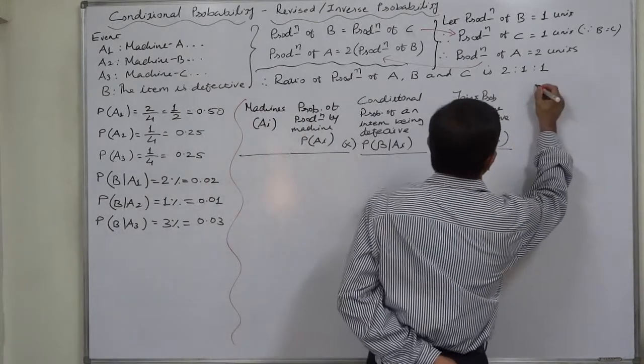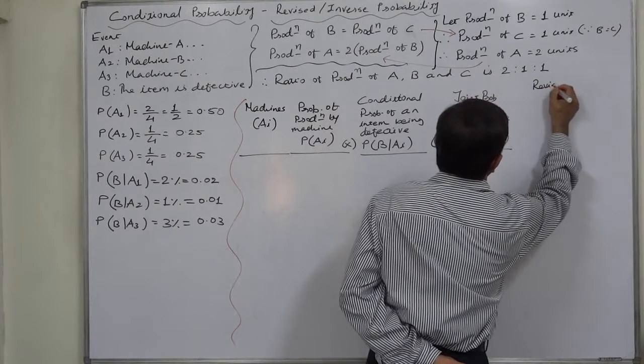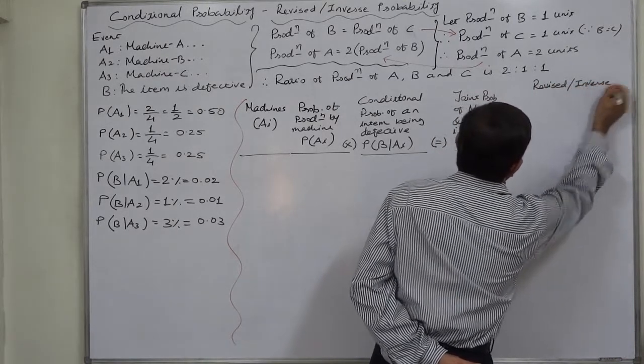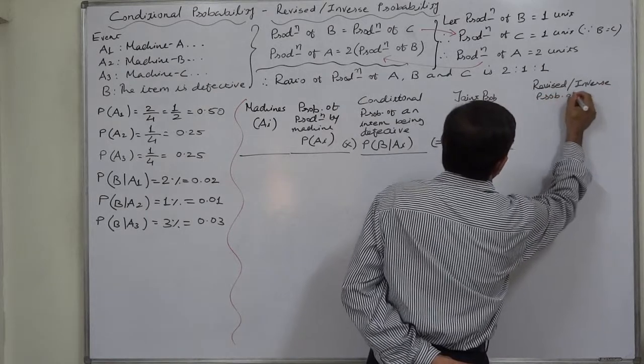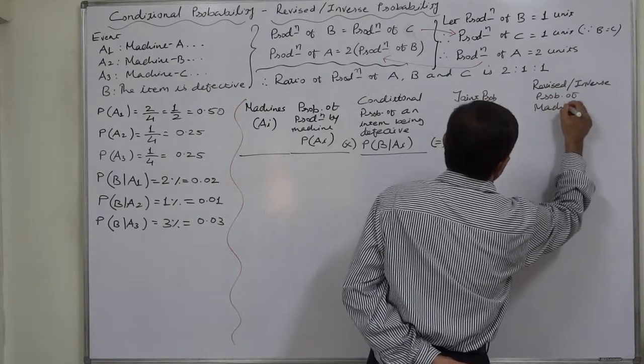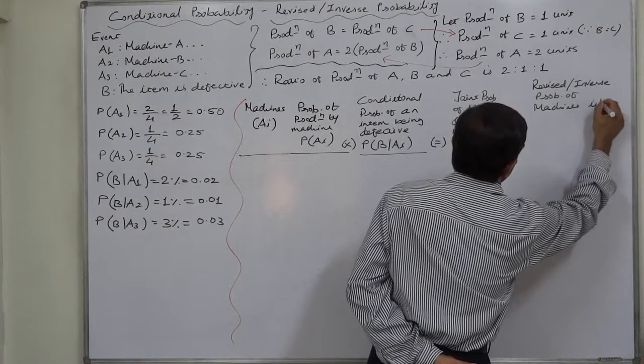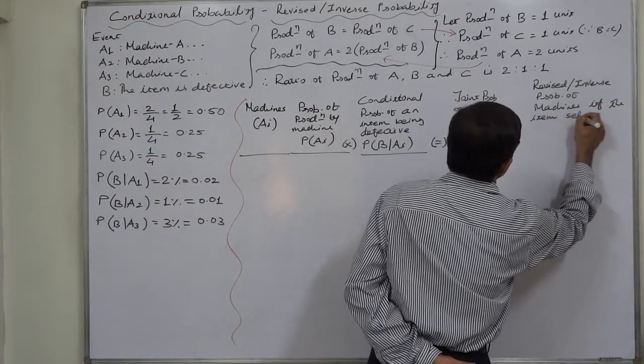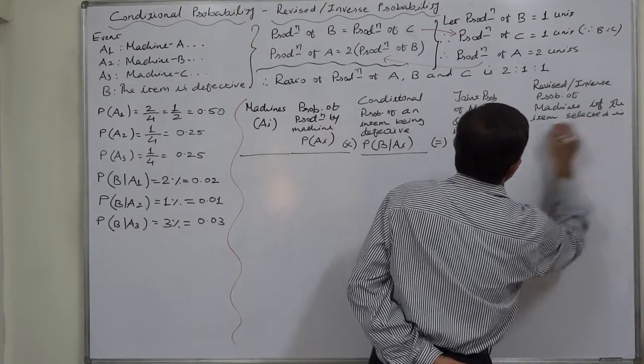And at the last, revised or inverse probabilities of machines if the item selected is defective.